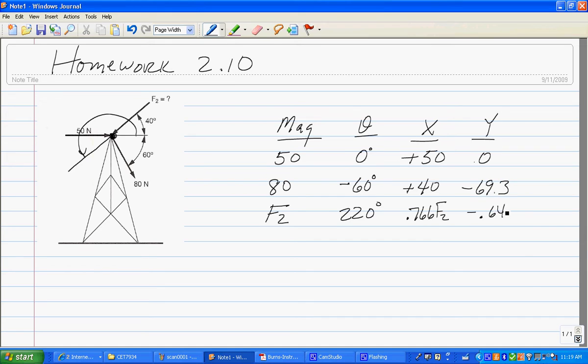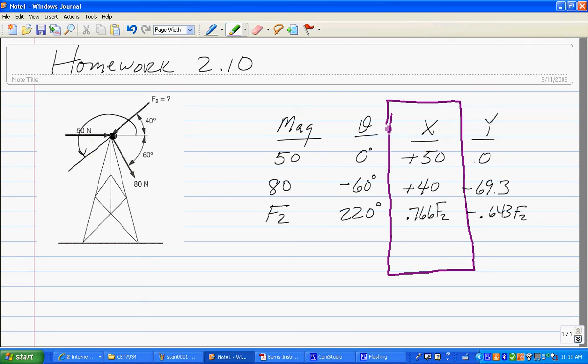Now really, what this problem deals with is just finding F2 such that the x components will all balance out, or all come out to 0.